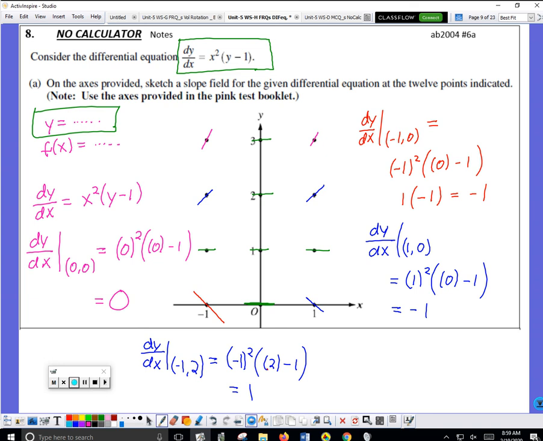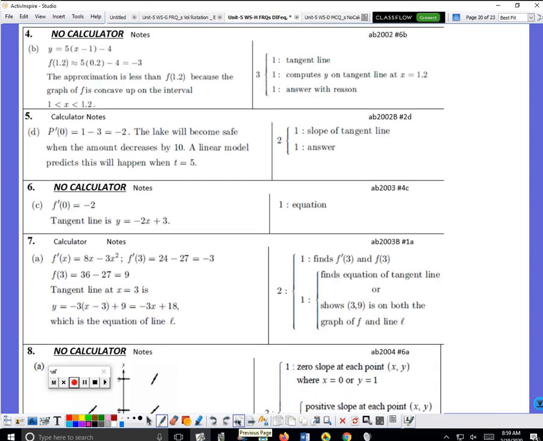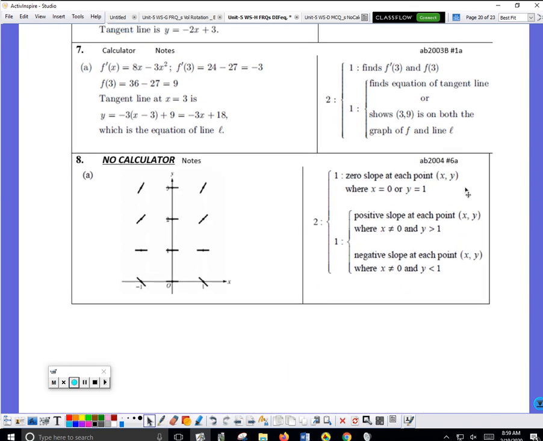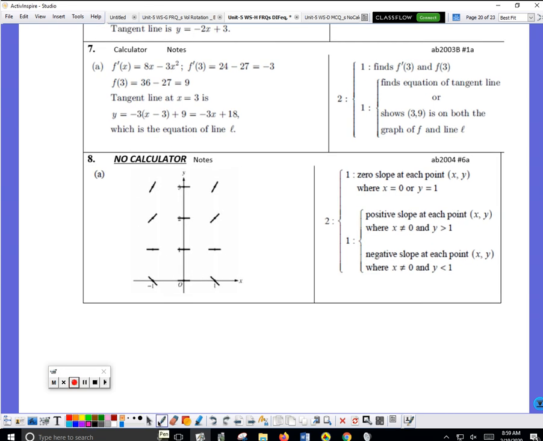Number 8. Points total, and then you just kind of break it down. You had to have a 0 slope at these spots. So if you have all the 0 slopes, they would give you 1 point. If you have these slopes here, that's 1 point.